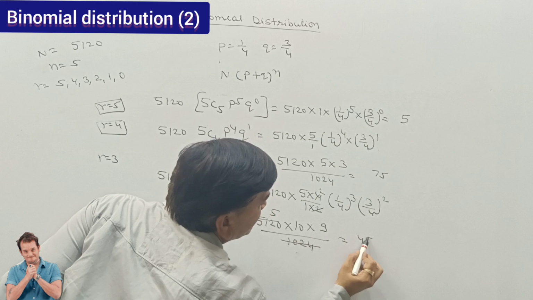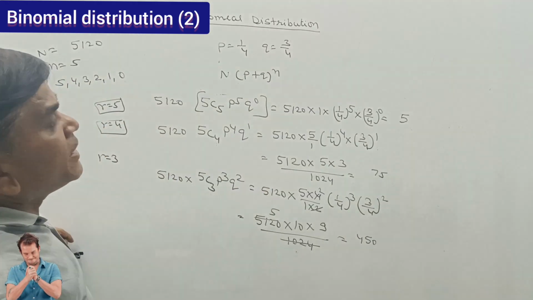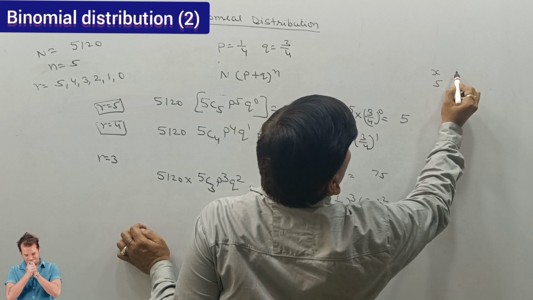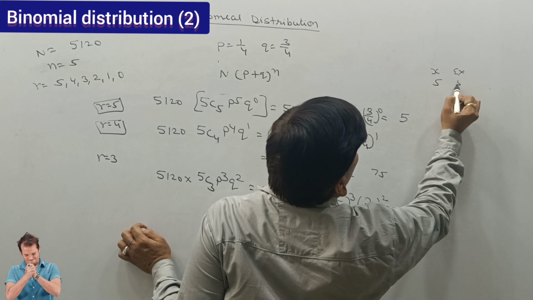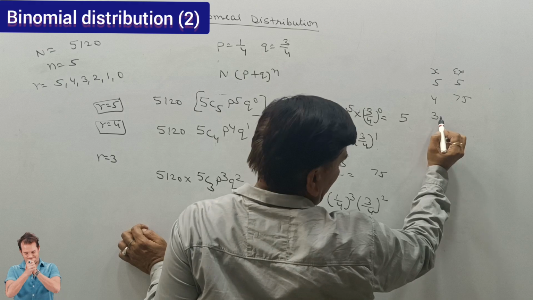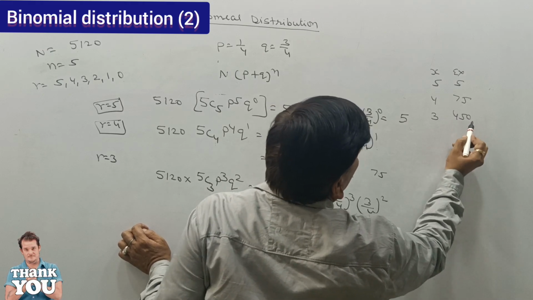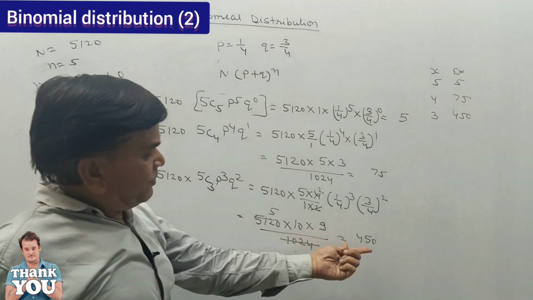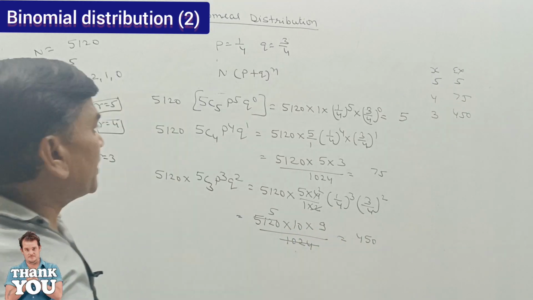So that is 450. It means all 5 destroy, expected number is 5; 4 destroy, that is 75; 3 destroy, that is 450.